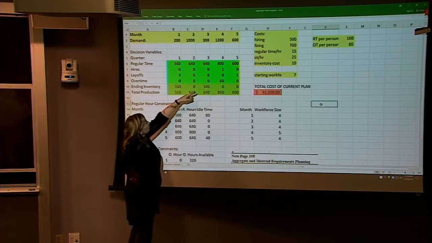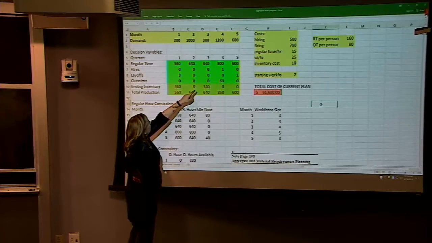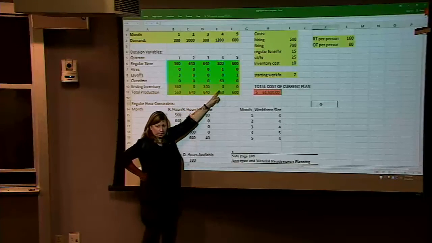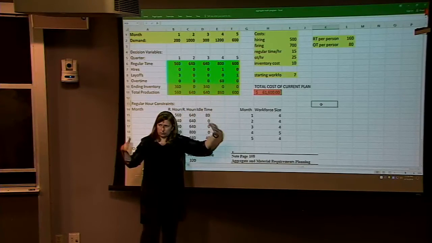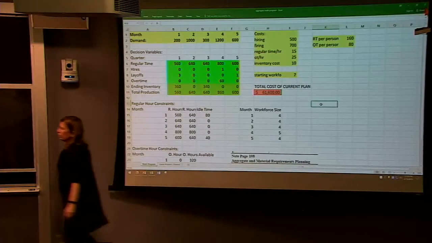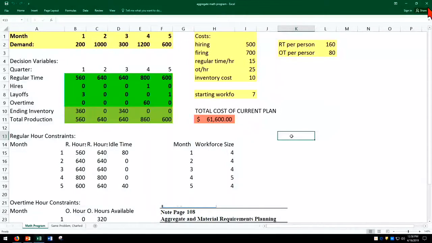It's mostly regular time, but those aren't the same numbers. There's inventory, there's hiring, there's layoffs, there's even a little bit of overtime here. It's like using all of the options now. I'm going to jot that down as the revised absolutely perfect answer for this particular problem.